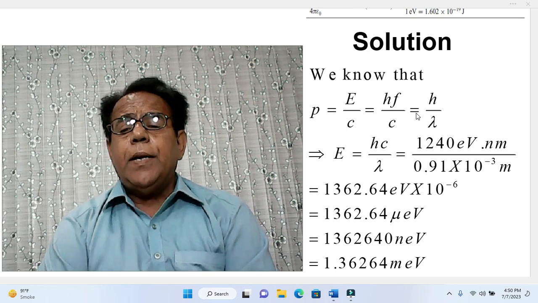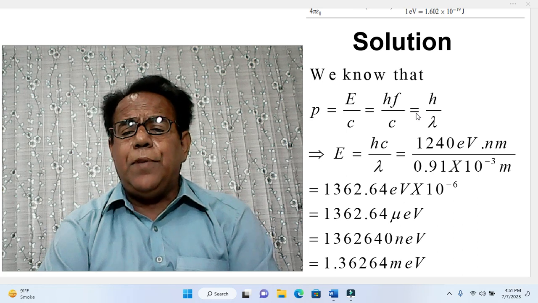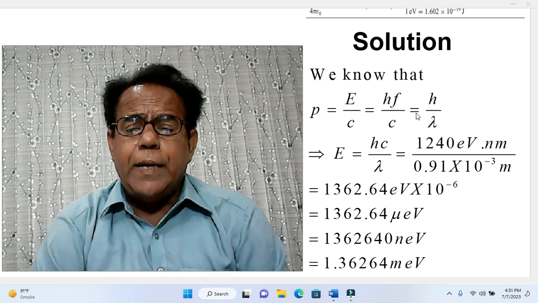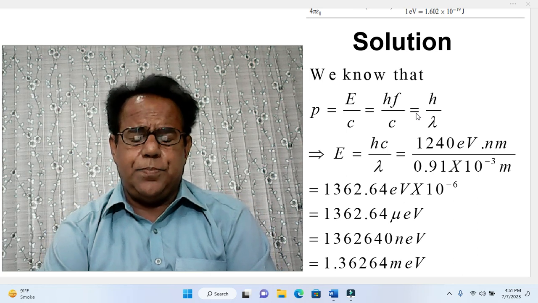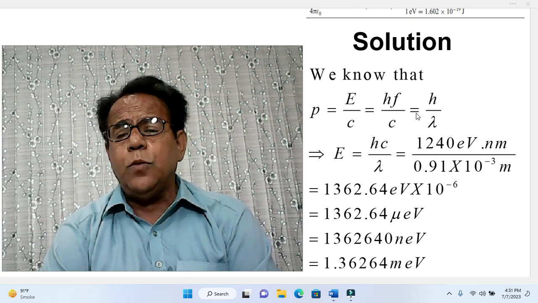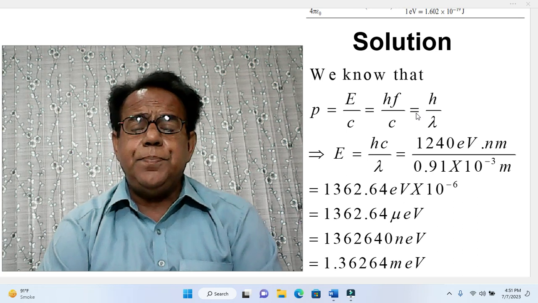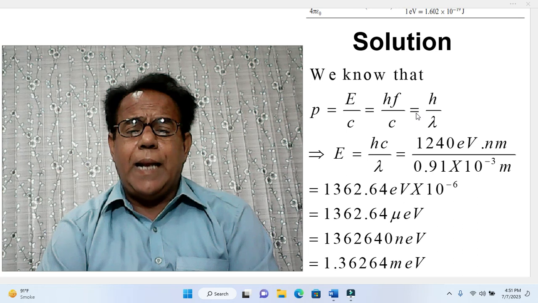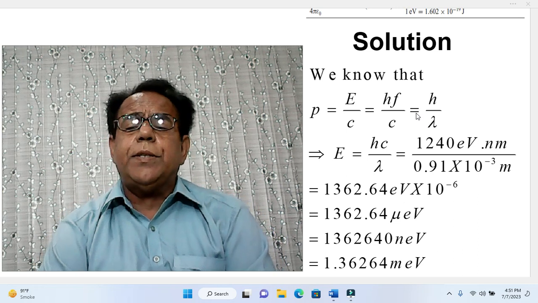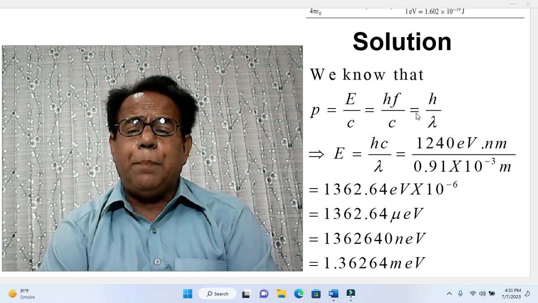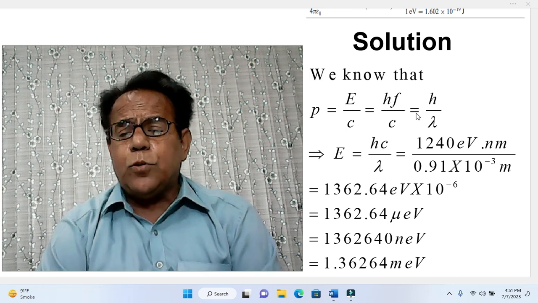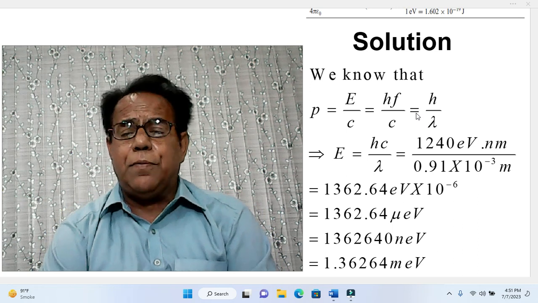The first and third equivalent factors will be neglected for deriving this form, and only the second and fourth will be taken into consideration, and we will get energy E equal to hc over lambda. h is Planck's constant, c is the speed of light, and lambda is the wavelength.